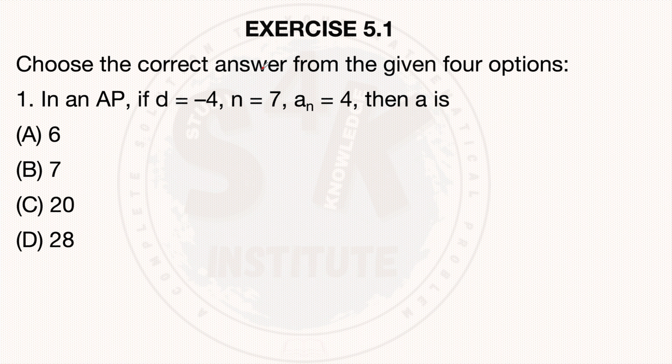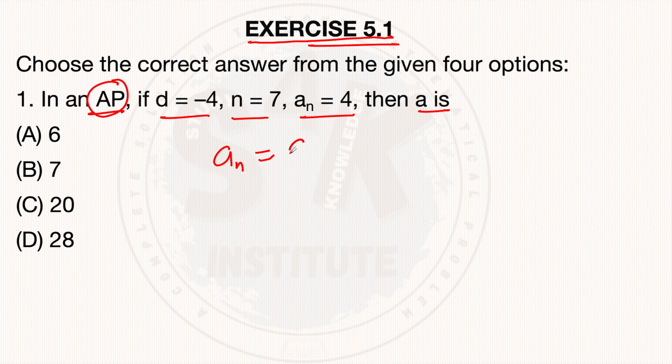Okay, so now we are doing the MCQ exercises, that is exercise 5.1. So in an AP, it is already given that it is an AP. So d is given, n is given, an is given, and a1 has been asked. So the formula is an is equal to a1 plus n minus 1 into d. This has been asked, that is a1. So the first term is sometimes represented by a, or a1 just to denote it is the first term.